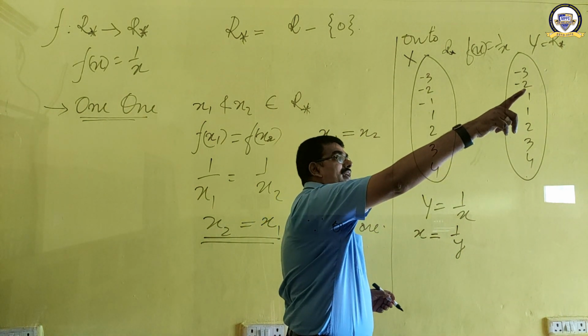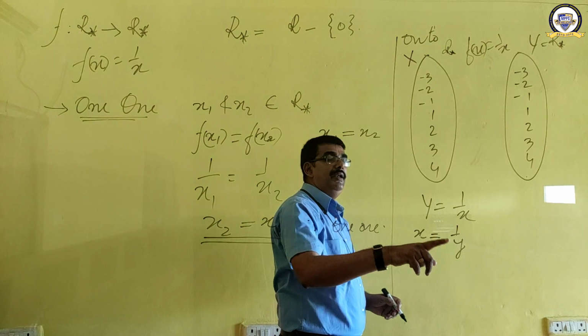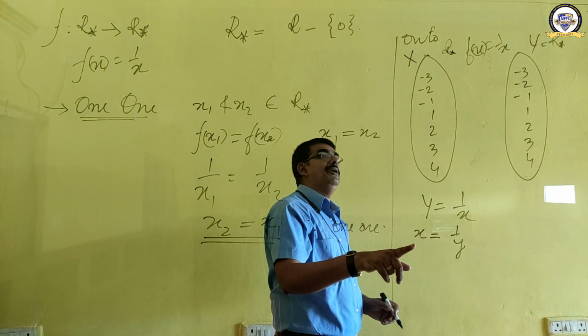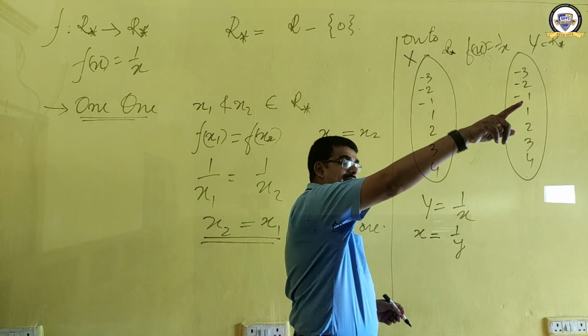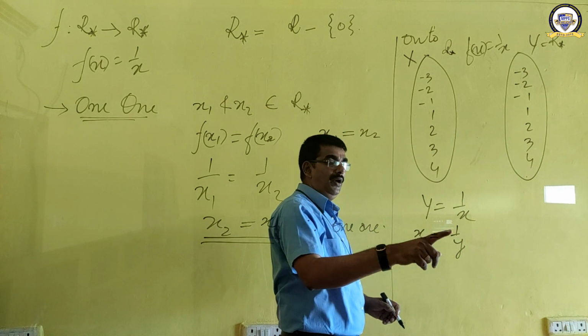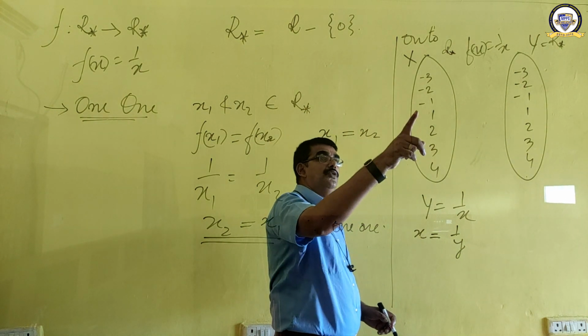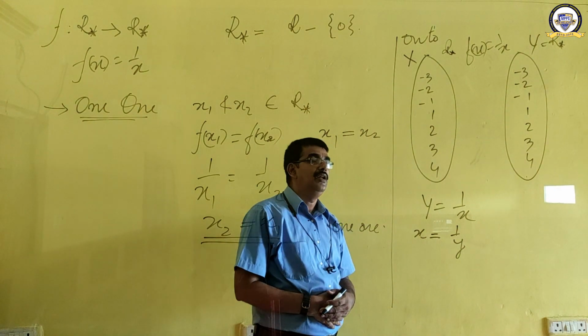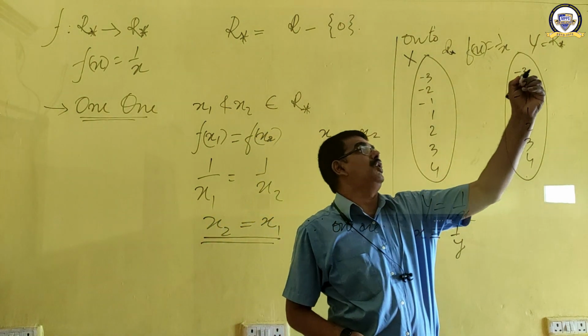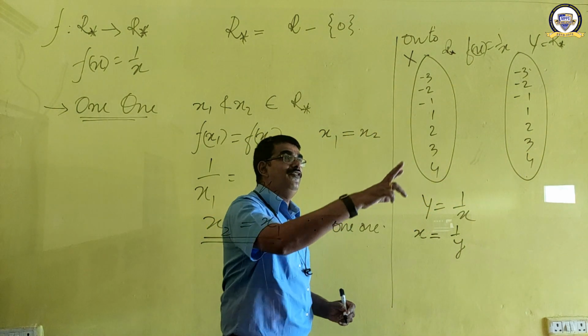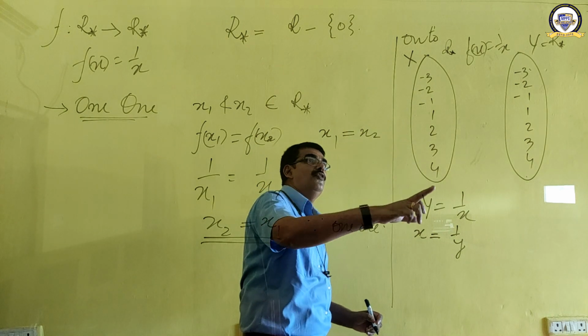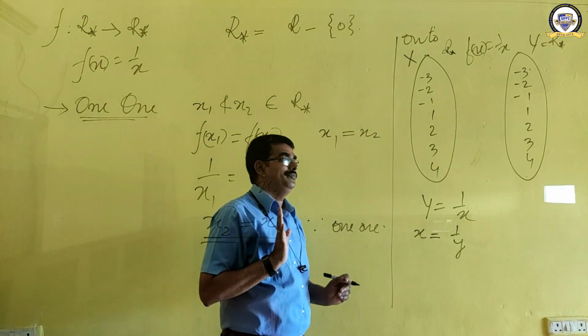If I take y of negative 2, then x is equal to 1 by negative 2. If I take y of negative 1, 1 by negative 1 is equal to negative 1, you will get over here. Means for each value of y, we will get a pre-image in this x.